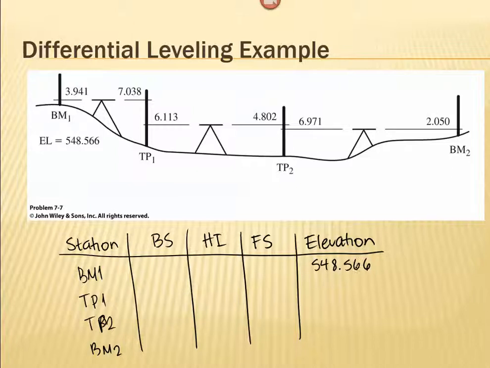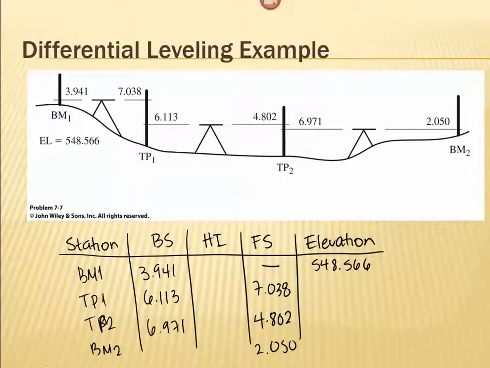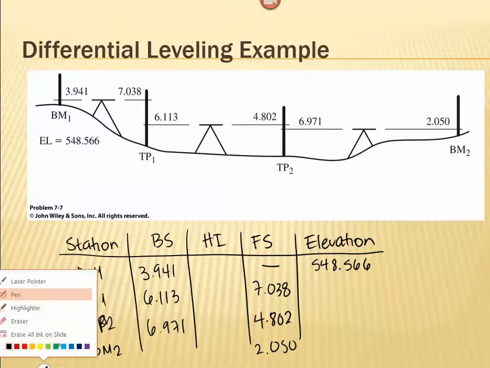Following the procedure we've talked about before, I'm going to fill this out: 6.113, 6.971, 7.038, 4.802, and 2.050.